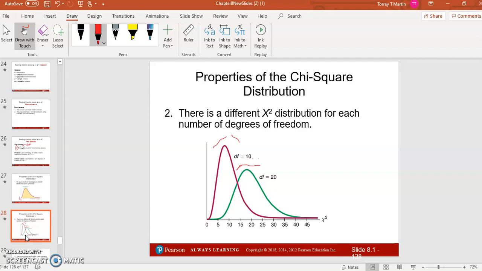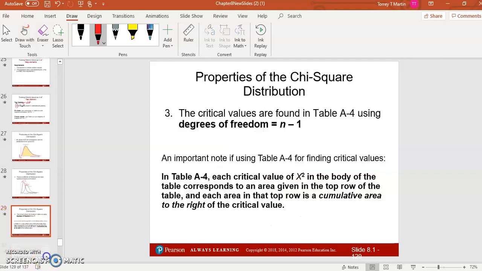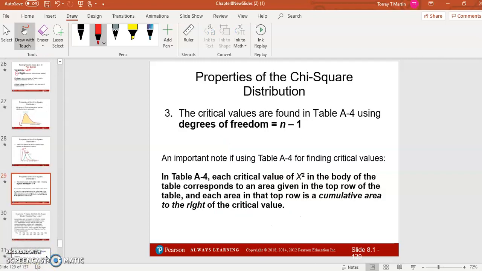So there's a greater spread as the degrees of freedom increases. Again, degrees of freedom is just n-1.